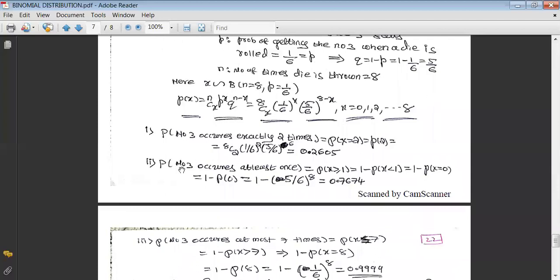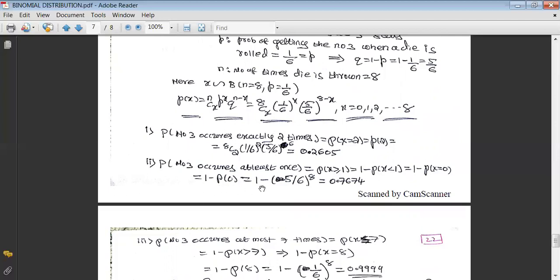And now let us go for the requirement. The first requirement, that the number 3 occurs exactly twice, means in this case x should take the value 2. If you take x equal to 2, you'll get this. Second one, face 3 occurs at least once, means that x must be greater than or equal to 1. Using the complement law, we can write 1 minus the probability that x is less than 1, and the only permissible value is 0.